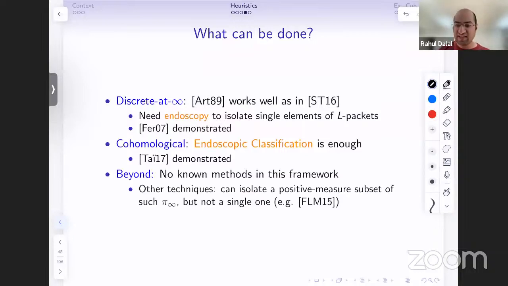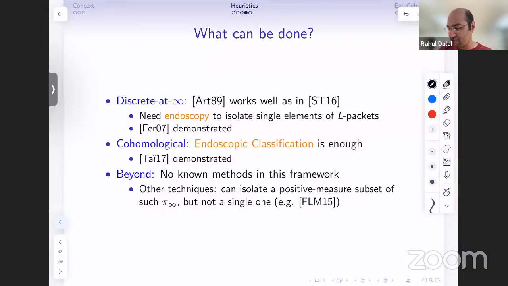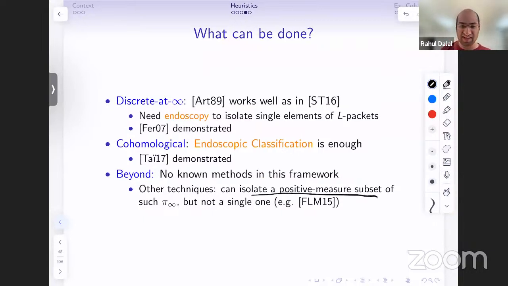So beyond, again, in the specific framework that I'm telling you, where you want to isolate a single representation at infinity, there are no known methods for how to do this. In the other framework, you can isolate a positive measure subset of such pi infinity, but you can't isolate a single one. There's a paper of Finis, Lapid, and Müller in 2015 that's maybe a good place to start if you want to learn about this kind of stuff.